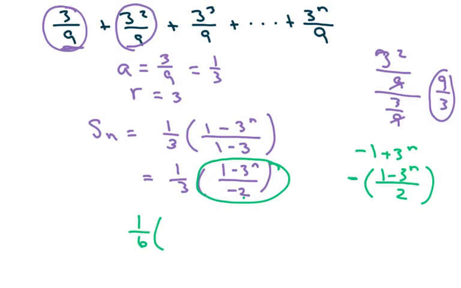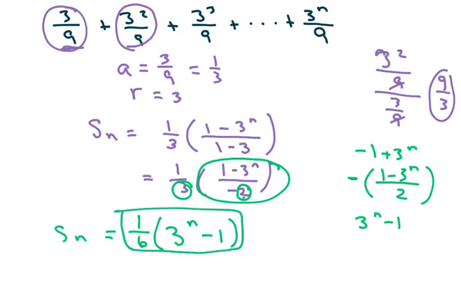So we're going to get 3 to the little n minus 1. So again, I multiplied these two, and then I pulled out the negative and made it look a lot nicer. Okay, so that is the way you write that.